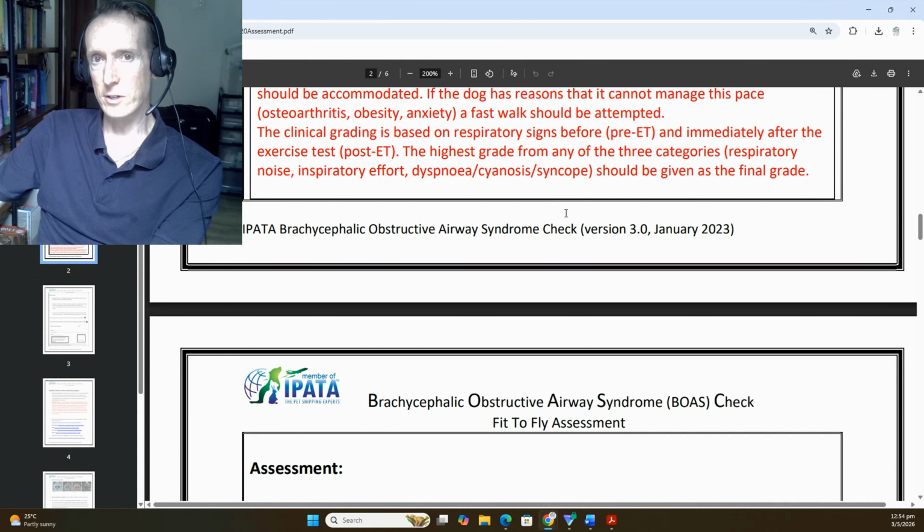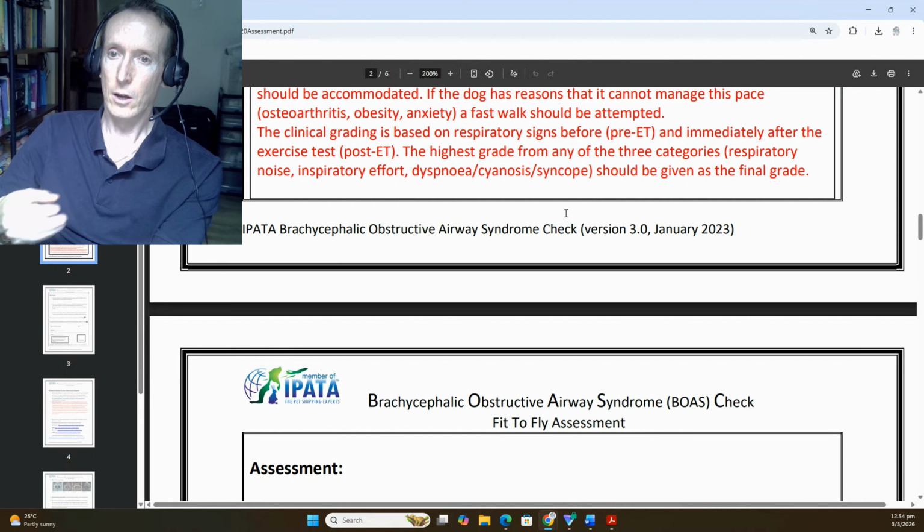The reasons why we do the test are because the airlines require us to do the test, but also because of safety reasons. And it all comes down to the dog's physiology and anatomy.